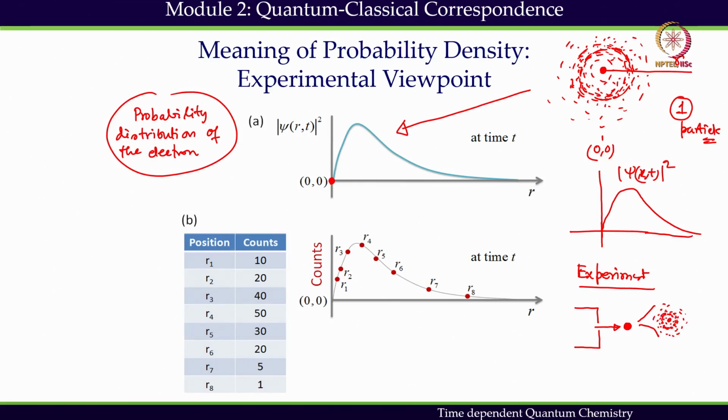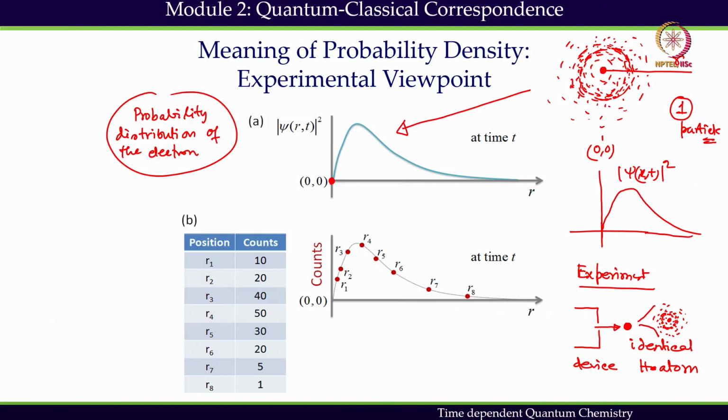So, I have a device which can produce identical hydrogen atoms. Why identical? Each experiment should encounter the same kind of hydrogen atom, because I am going to perform the experiment on each atom.